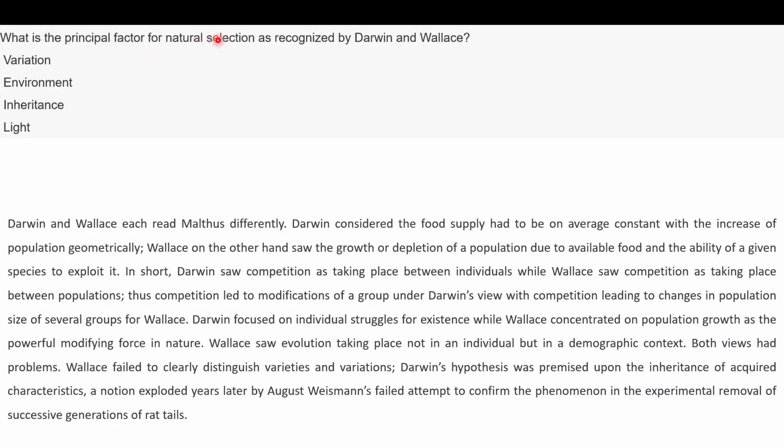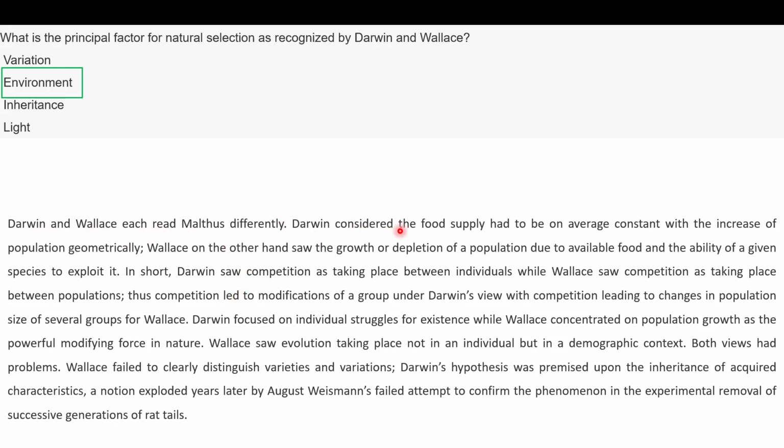What is the principal factor for natural selection as recognized by Darwin and Wallace? So it's predominantly the environmental conditions that exist around, or like availability of resources, etc. So if we talk about Darwin and Wallace here, there was Malthus's study on population genetics and stuff. Darwin and Wallace each read Malthus differently.